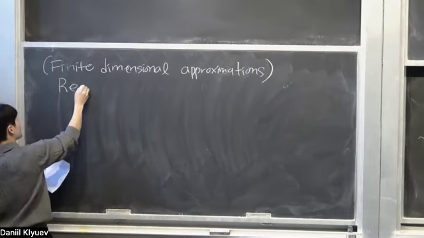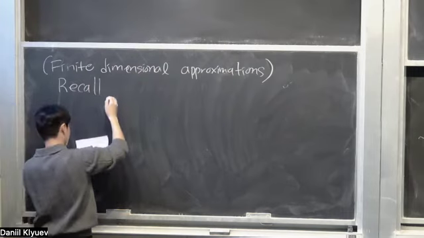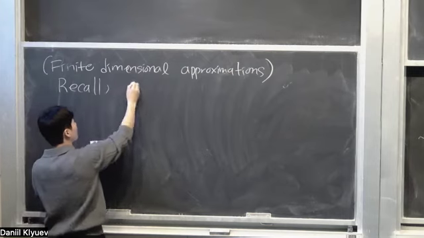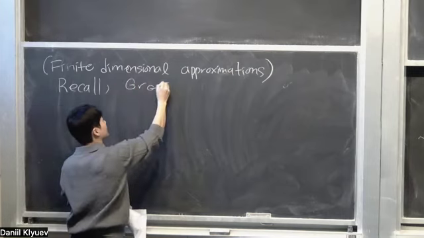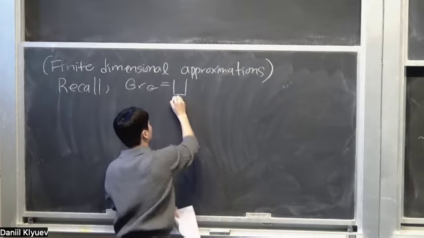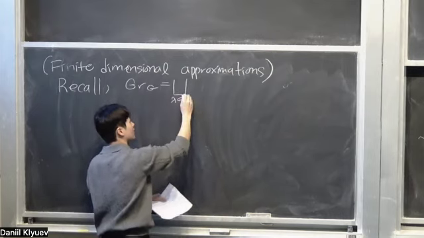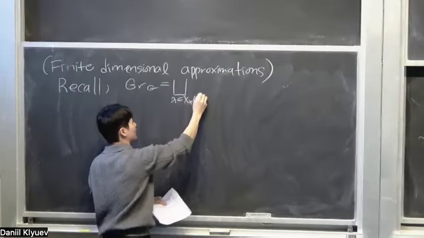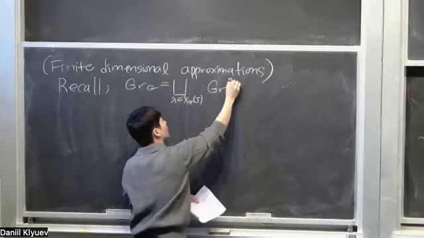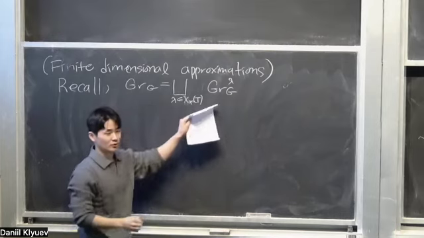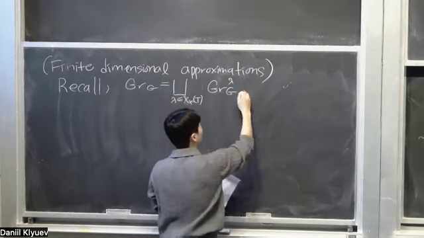Let's recall a couple of facts from Elhan's talk: that the affine Grassmannian is a disjoint union over all dominant coweights, by Cartan decomposition, of these Schubert cells.